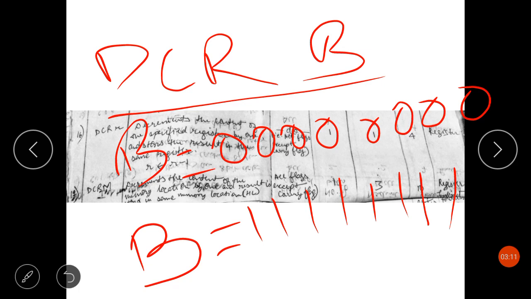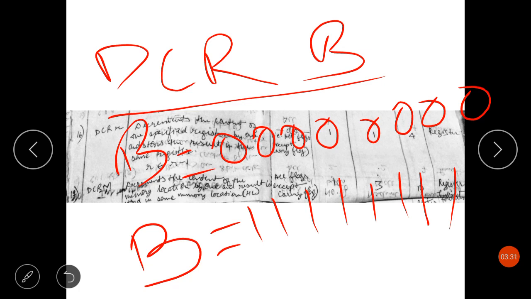So whenever we increment or decrement any register, the carry flag doesn't get affected. All other flags will get affected, but the carry flag will not, because the increment or decrement operation is not going to raise any carry.